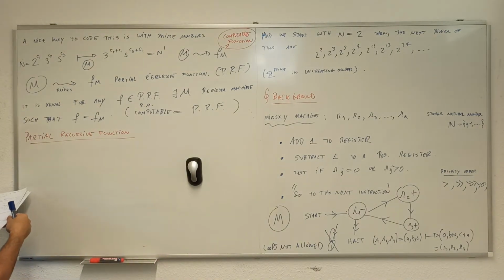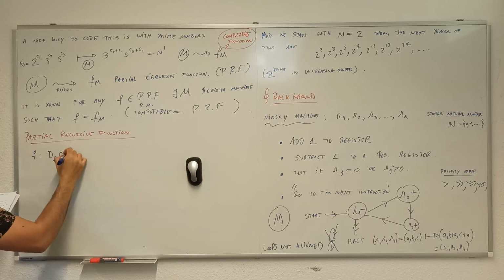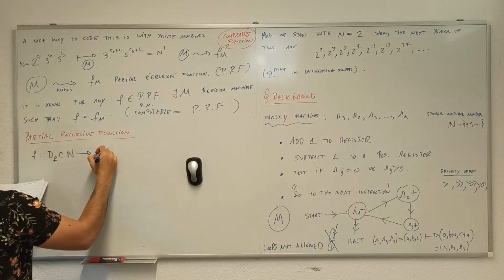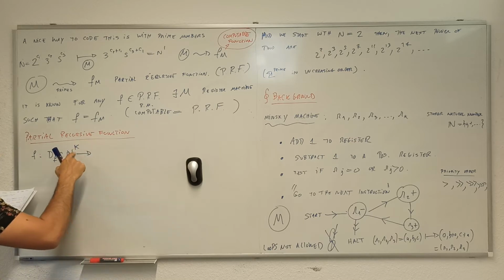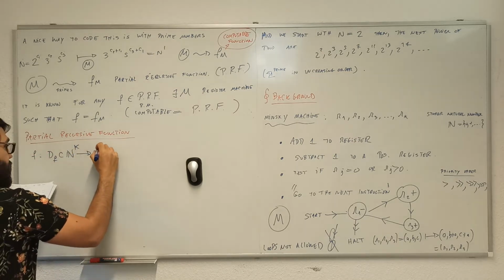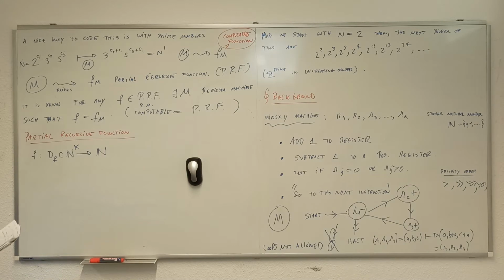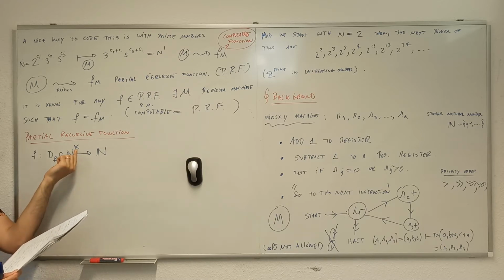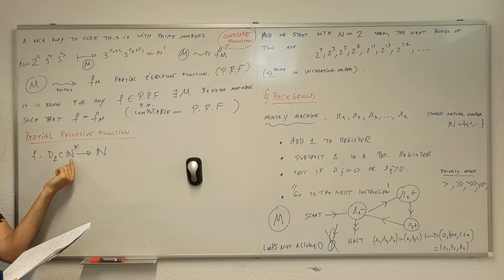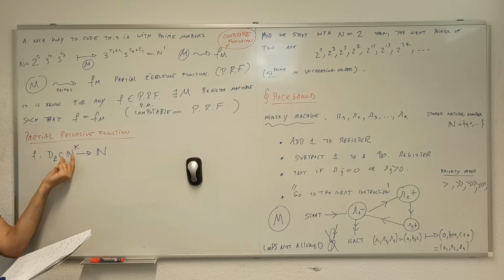Basically these are functions that have a certain domain in the integers and map into copies of the integers. A partial recursive function in principle is defined on the product of k copies of the natural numbers.